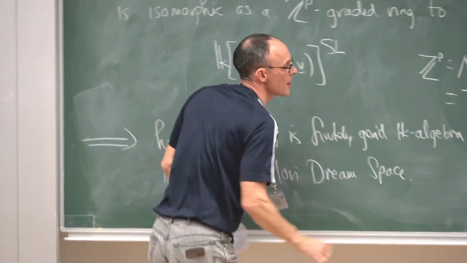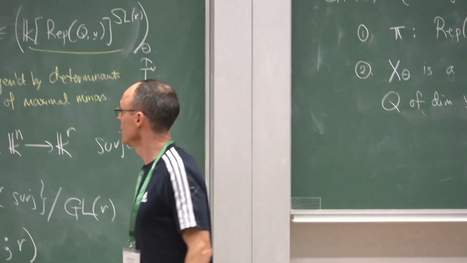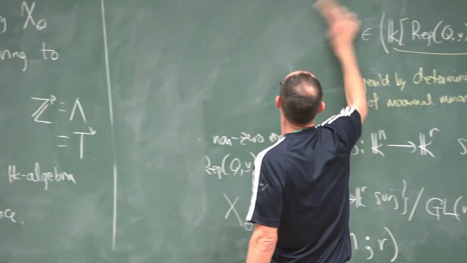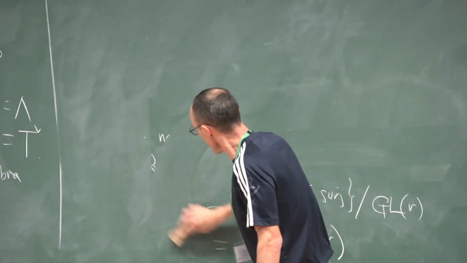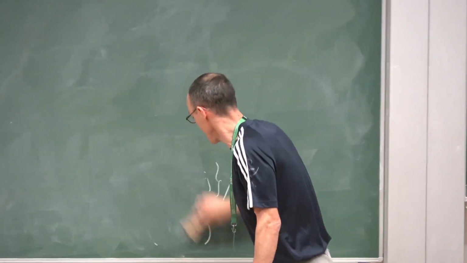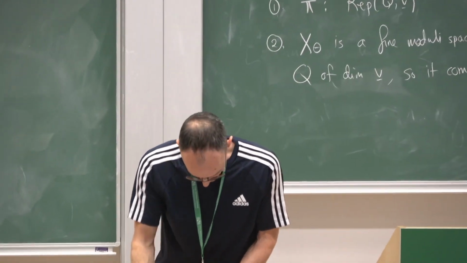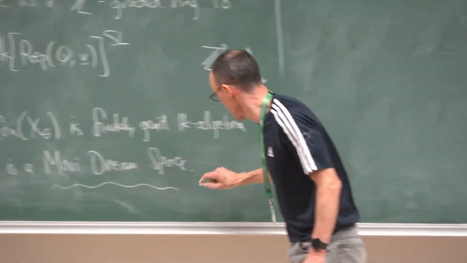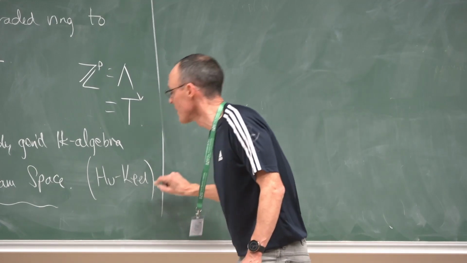And so these lectures have sneakily been intending to sort of introduce you to Mori Dream Spaces without giving you the word until the final couple of moments. Mori Dream Spaces are spaces for which Mori's program works optimally. So what do I mean by this? Well, of course, I urge you to go and have a look at Hu and Keel's paper from 2000.